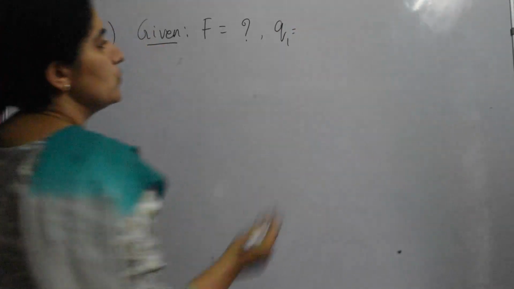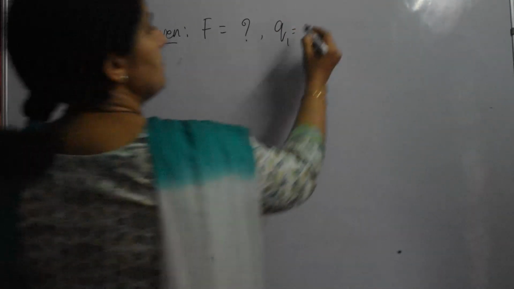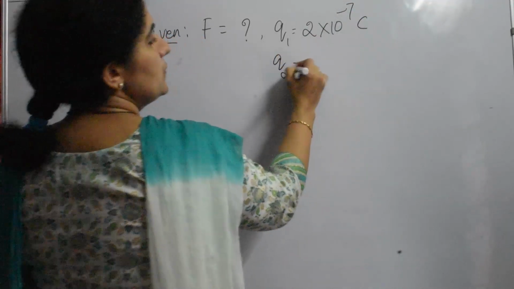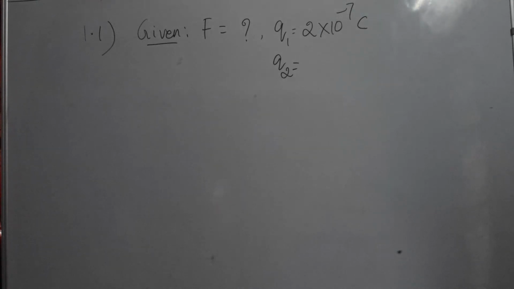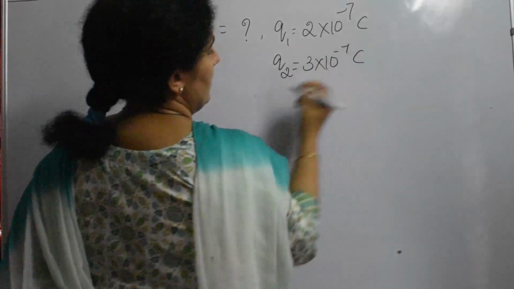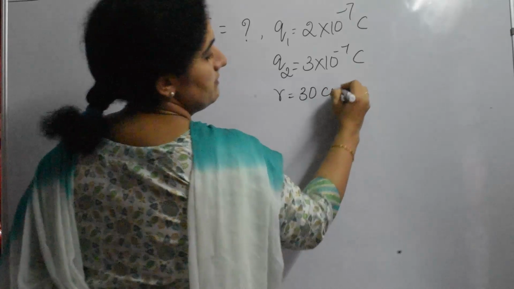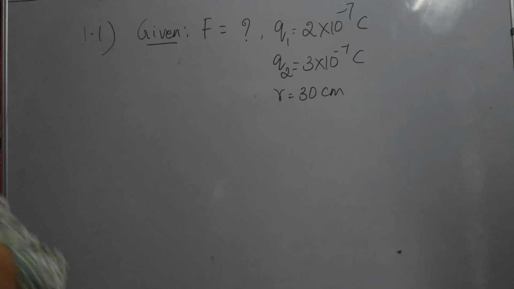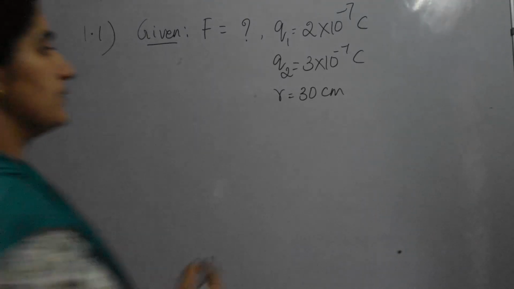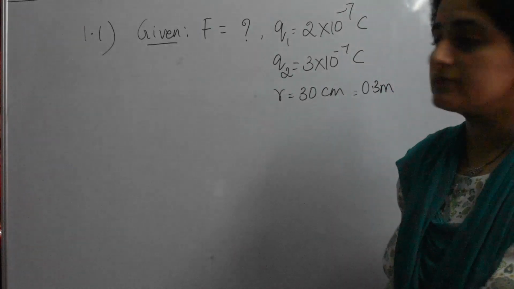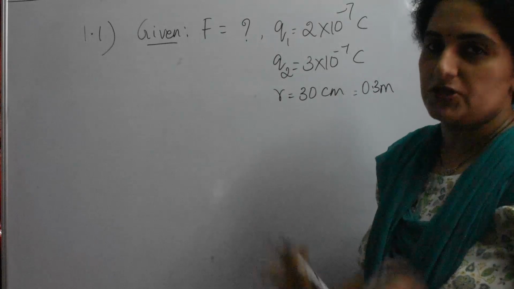So we can write Q1, which is 2 into 10 to the power minus 7 coulomb, and Q2 as 3 into 10 to the power minus 7 coulomb. And distance is given as 30 centimeter. As you all know, you have to write in SI units, so centimeter has to be written in meter. Okay. So 30 by 100, 0.3 meter. So you have to calculate the force required.